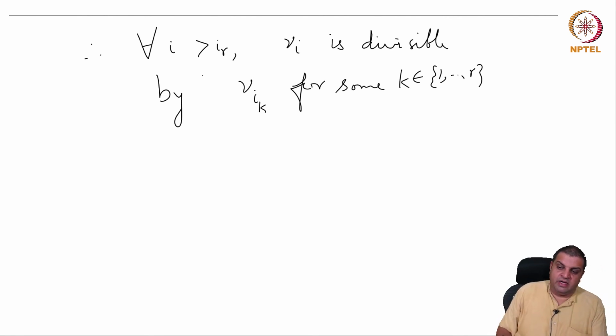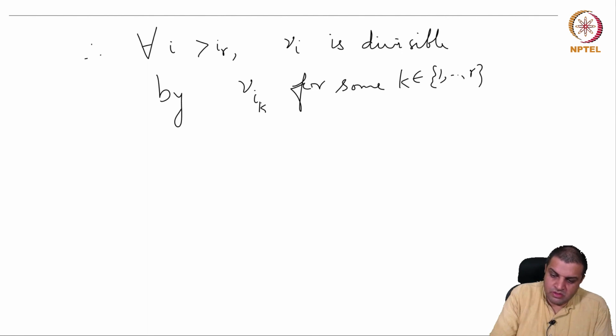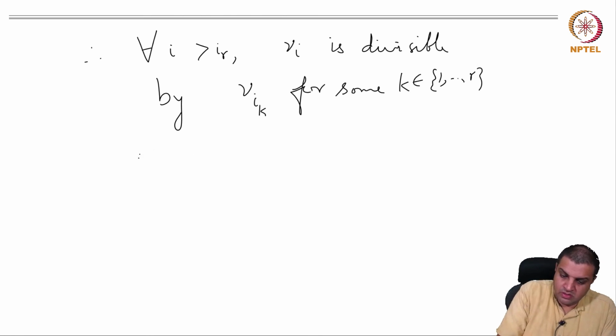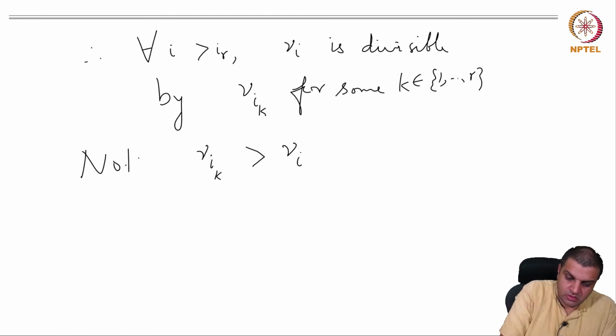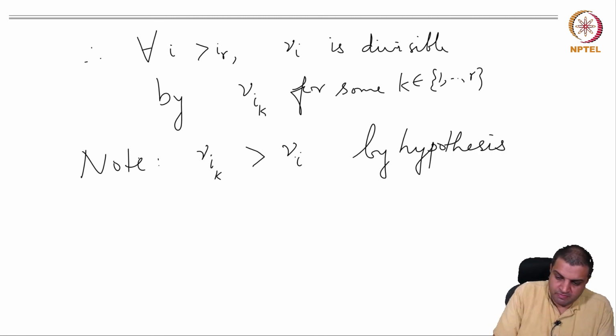One of these things is going to divide that. Now let's think about this. This is a monomial that divides that. Note that ik comes before i, so nu ik is bigger than nu i. This is by hypothesis. And this divides that.